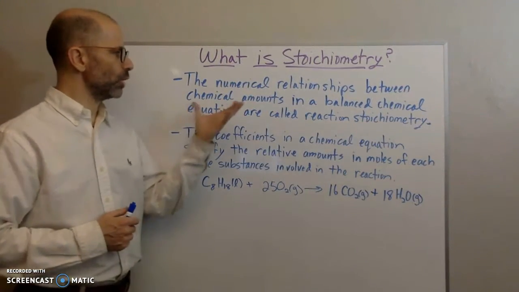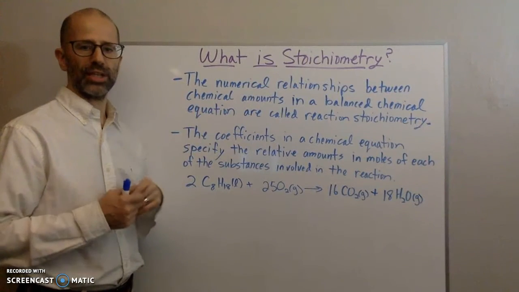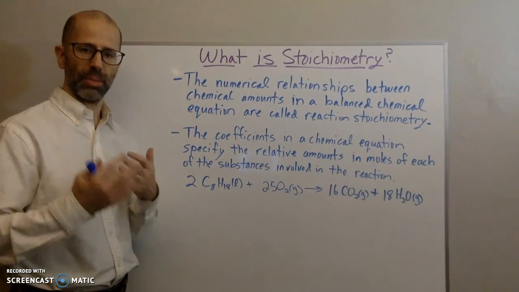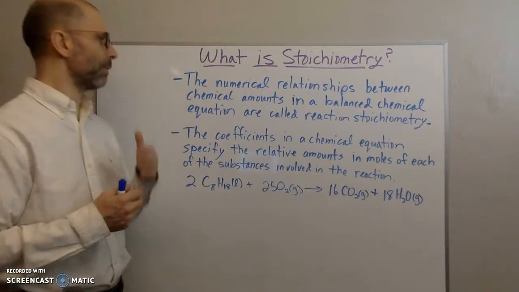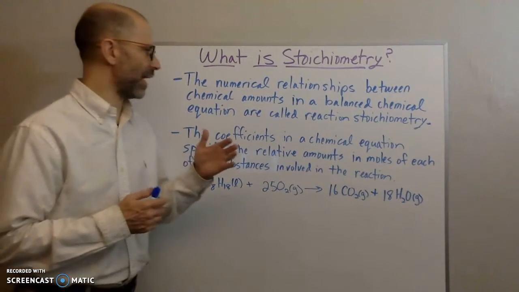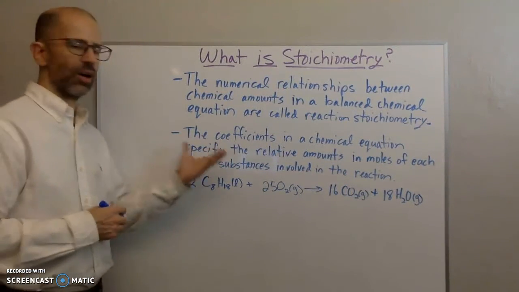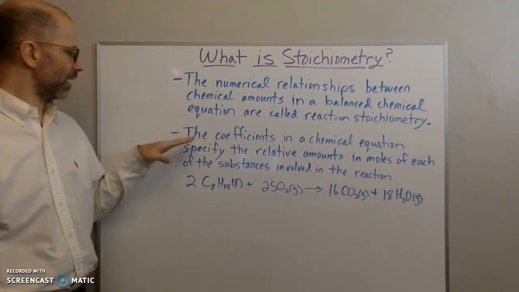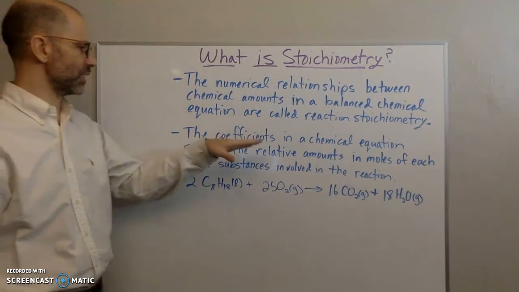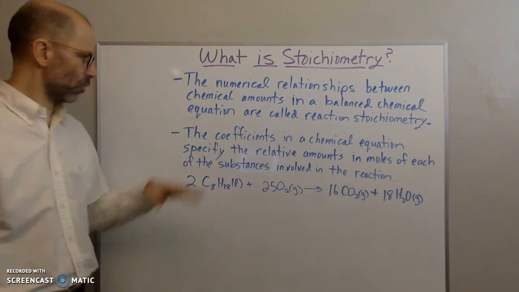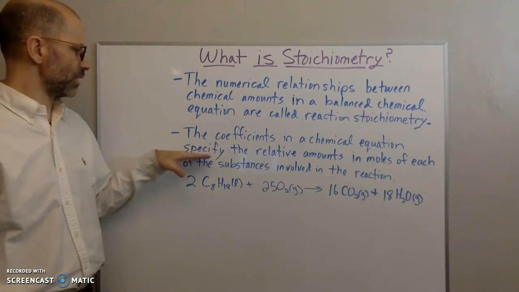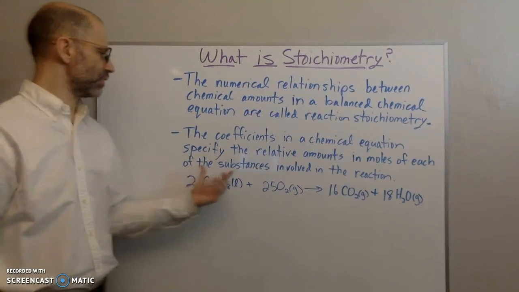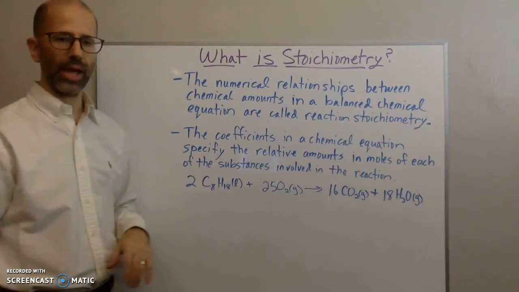So basically we're looking at the numerical relationships between substances in a balanced reaction, a balanced equation, and how they're related to each other. Here it says that the coefficients in a chemical equation specify the relative amounts in moles of each of the substances involved in the reaction.